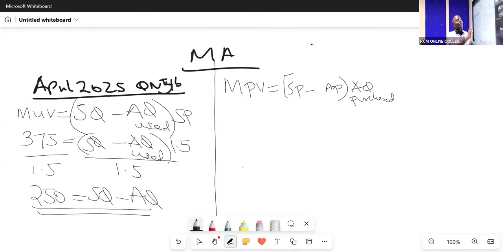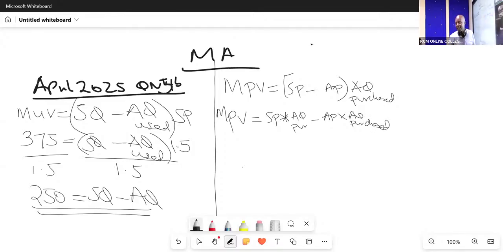All right. So in that case, what should I do as a serious student? Now, ladies and gentlemen, I will have to open brackets, something that I knew most of us would not have done. So I'll write here that material price variance equals SP times AQ purchased minus AP times AQ purchased.